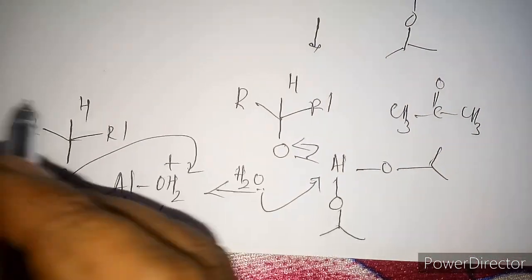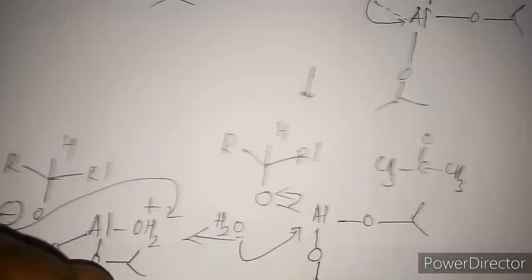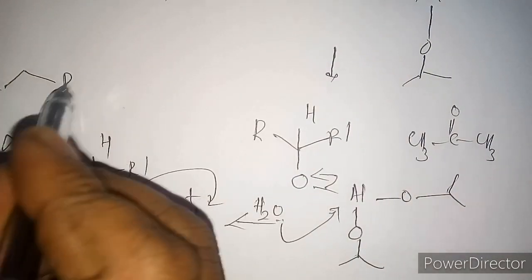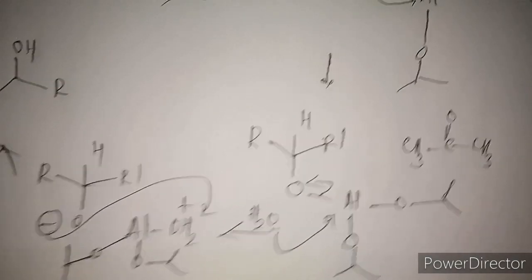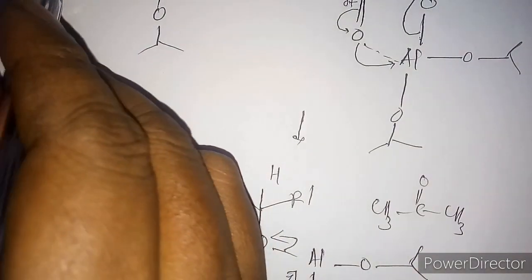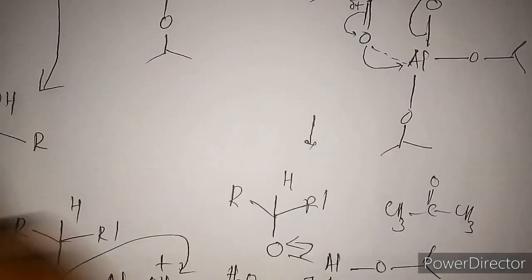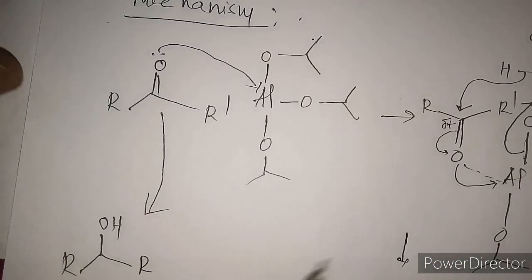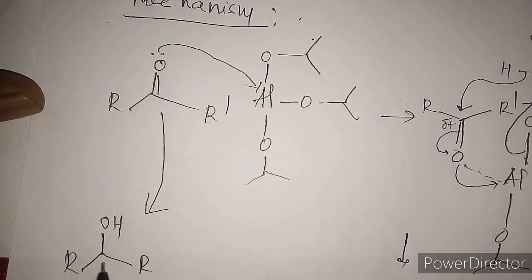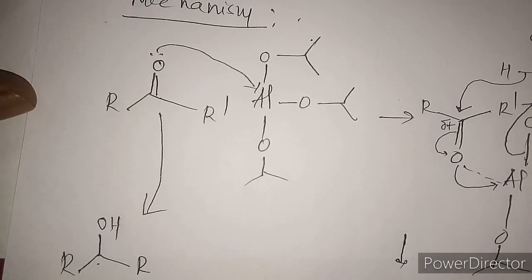We will get here R' OH. So the overall reaction is here: a ketone is reduced to alcohol by using aluminum isopropoxide. You can solve some examples for Meerwein-Ponndorf reduction.